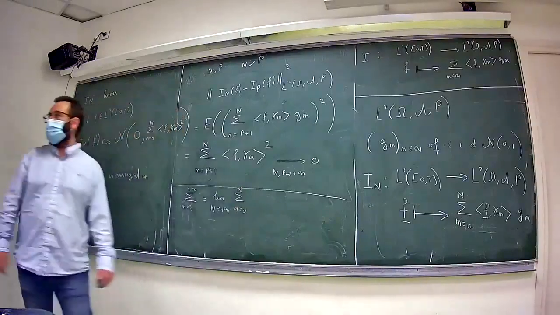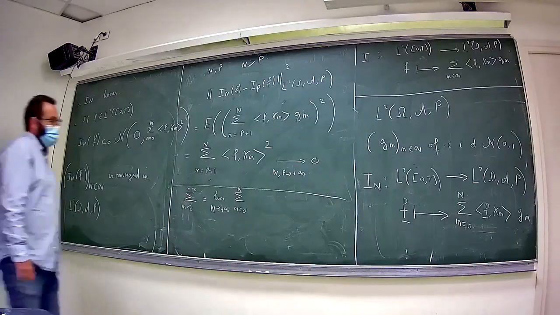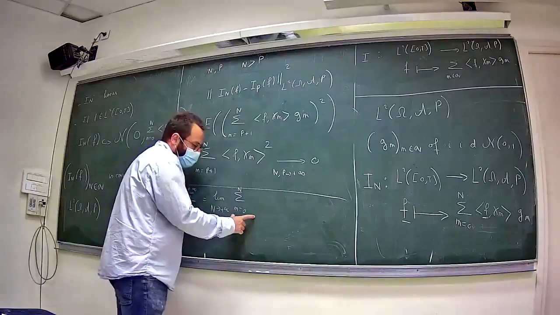Always, it's the way we define an infinite sum. So to say that this limit exists, just to say that this infinite sum exists, just means that the limit of the finite sums is convergent and converges toward this term that is in fact the limit. So the infinite sum is the limit of finite sums.